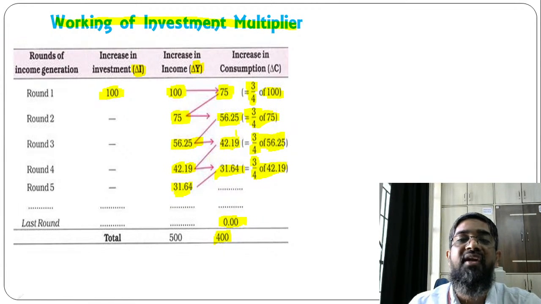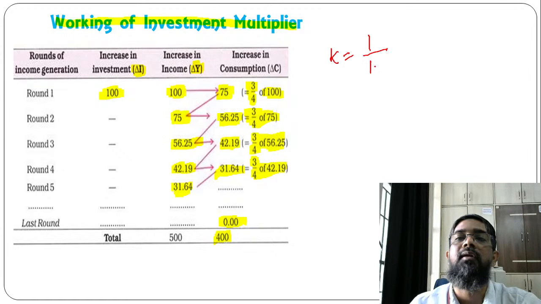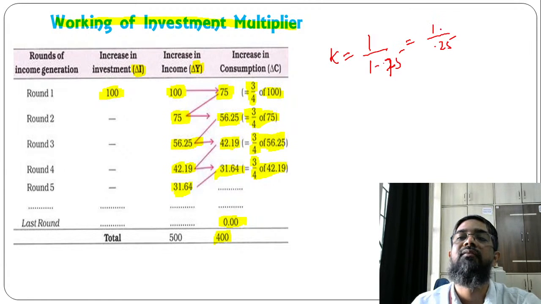So when your value of MPC is 0.75, how much will be the value of multiplier? This k value will be 1 upon 1 minus 0.75, so it will be 1 upon 0.25.